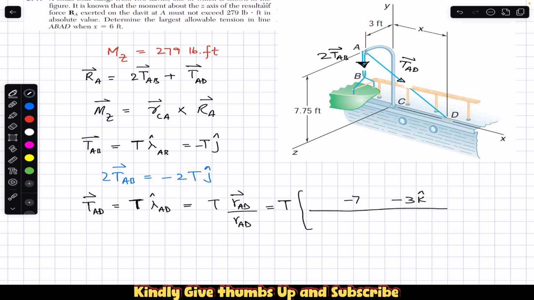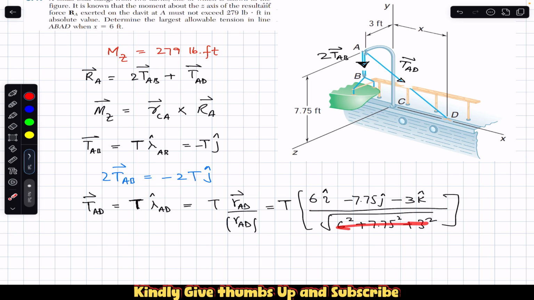So we will write minus 7.75j. So we will reach the origin, and from the origin we need to travel this 6 feet in the positive x, so 6 feet in the positive x means in the positive i. And now the magnitude will be the square root of 6 squared plus 7.75 squared plus 3 squared, and this magnitude is equal to 10.25. So let's write this as 10.25.